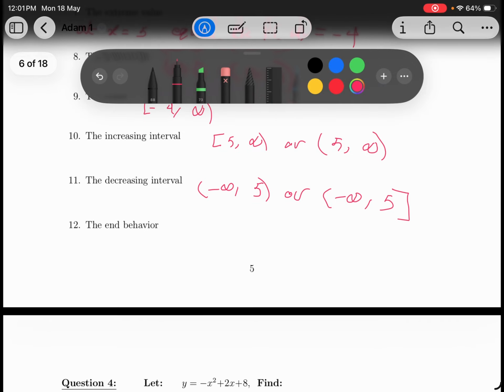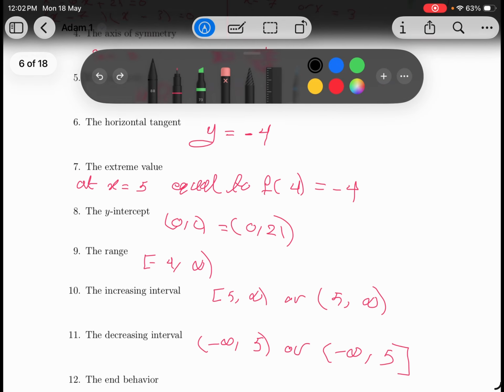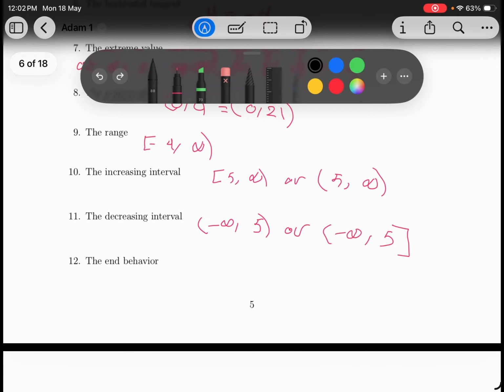Okay, the end behavior, whether x goes to infinity or to minus infinity, the tails of this function. This is a very special creature with two tails, going to infinity, going up. So whether x goes very big, the function goes up, and very small, the function goes up as well. So how to express that?